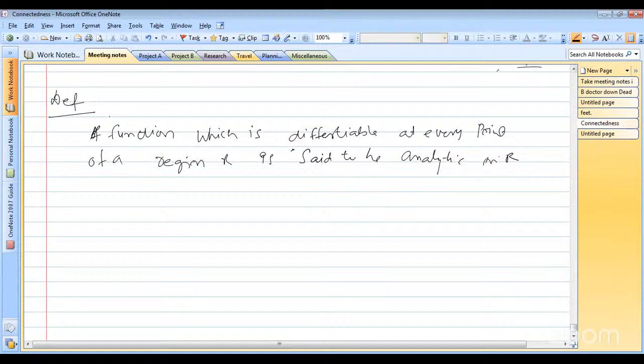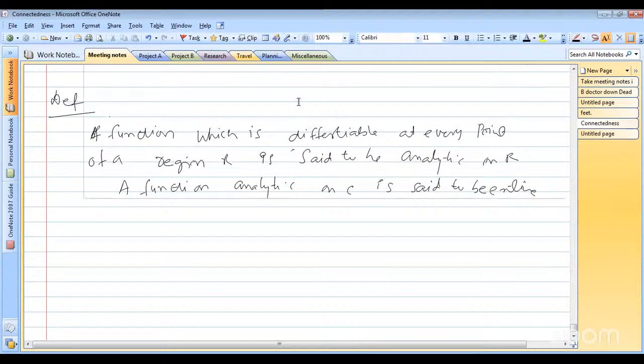A function analytic on C, on the complex numbers, is said to be an entire function. So we mainly deal with analytic functions only, and the definition we have to study here.